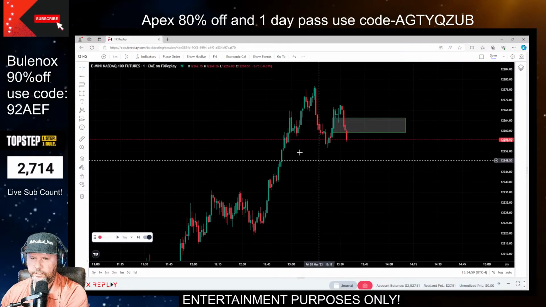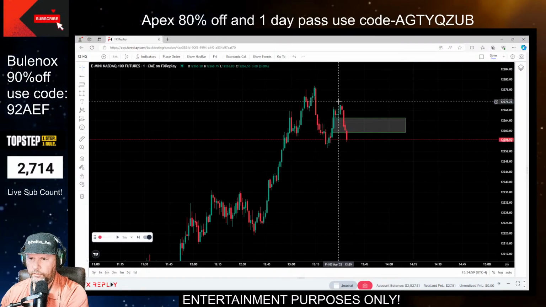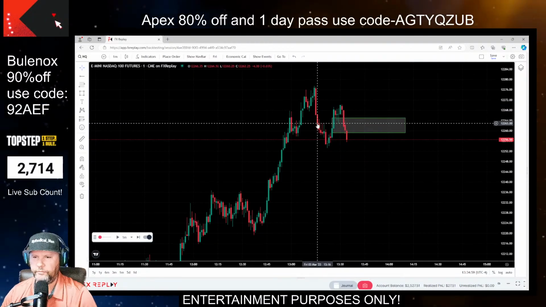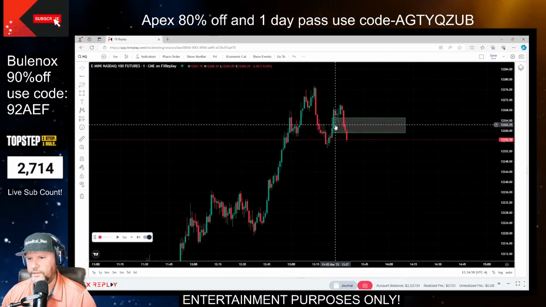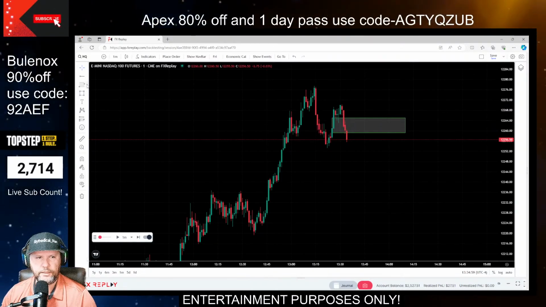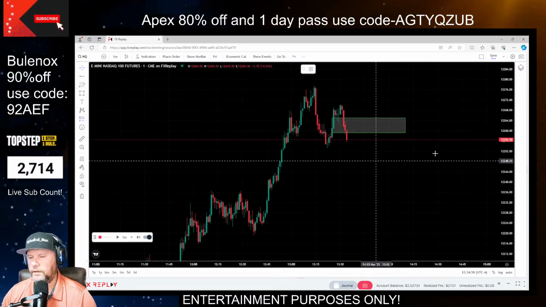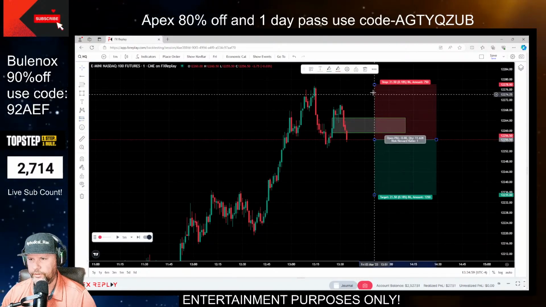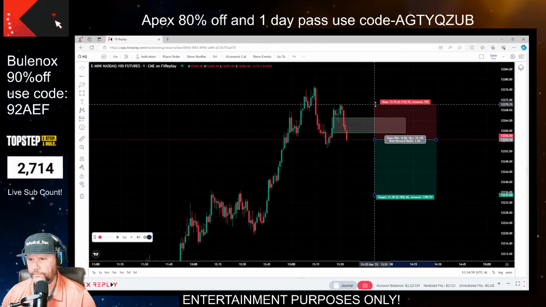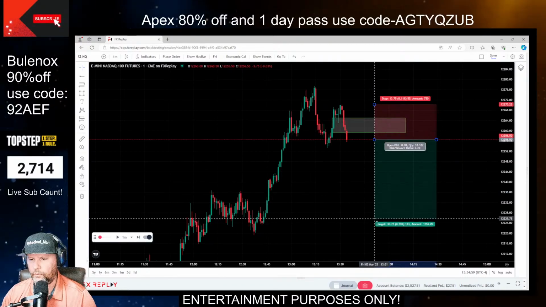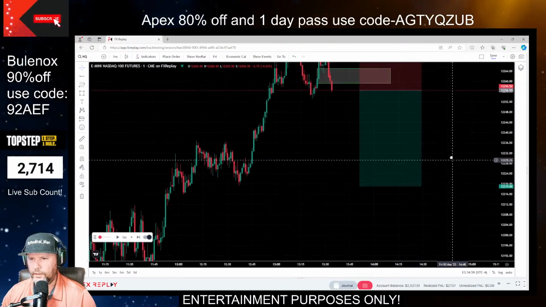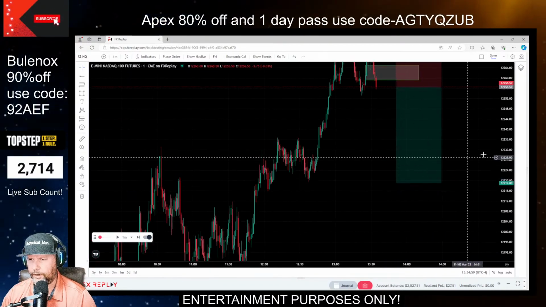Well, we swept liquidity to the downside and pushed back up. On the push up, technically we swept some liquidity. So I may take this. This is one I'm going to consider higher risk, and it would be a judgment call in real time whether or not I would actually take it. But because of the risk to reward here, I think it's still an okay play.